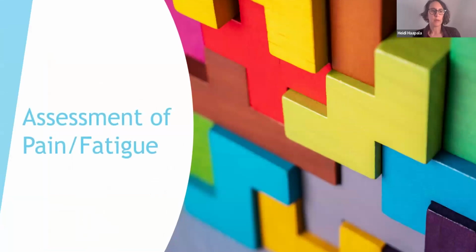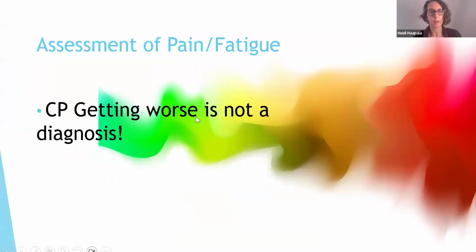So once we've talked about understanding types of pain, what do we do with it? How do we assess pain? First of all, I want to make sure that when we're talking about assessing pain, CP getting worse is not a diagnosis. I have had a lot of patients come to me and say, well, I'm just probably getting old and I think my CP is getting worse.